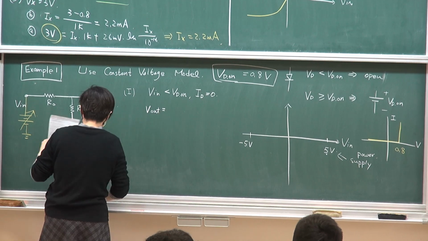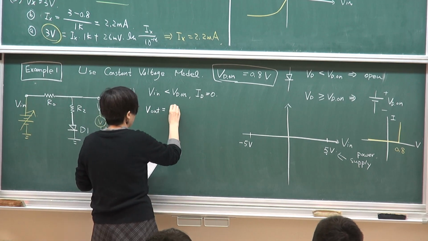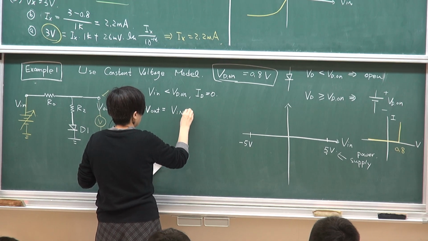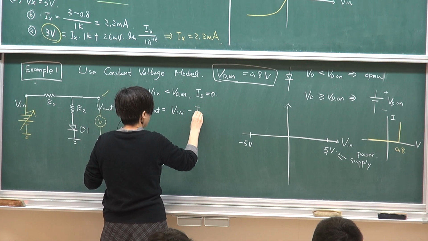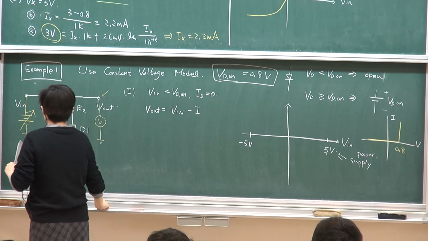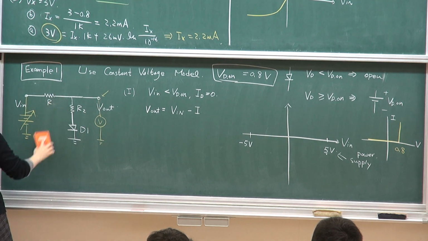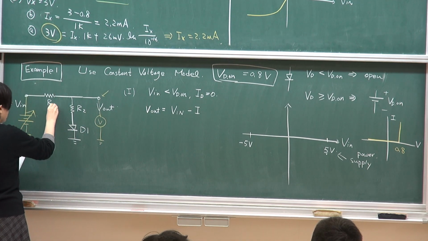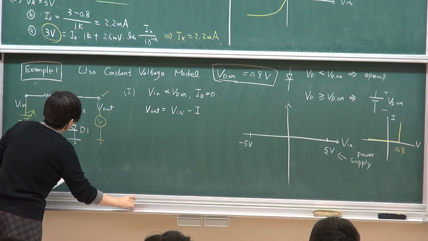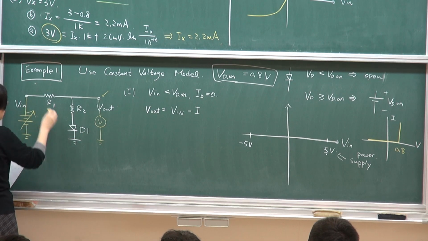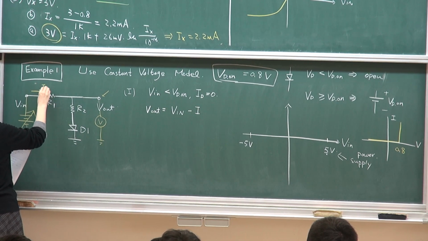Now let me first write the output voltage. Let's say this current is Ix.